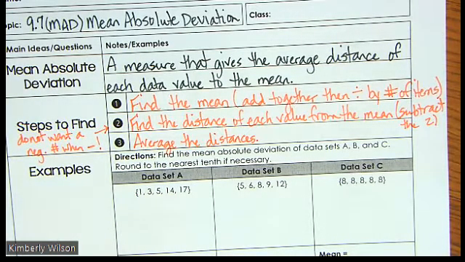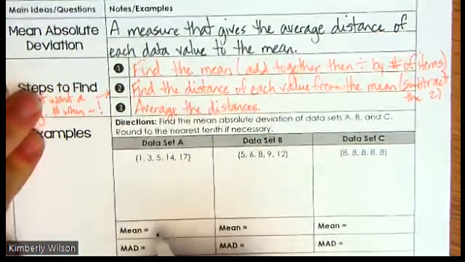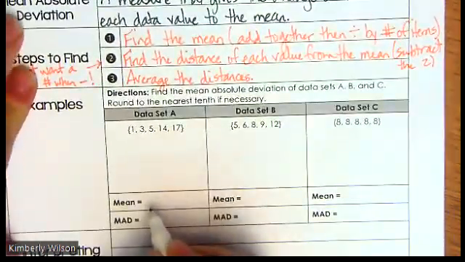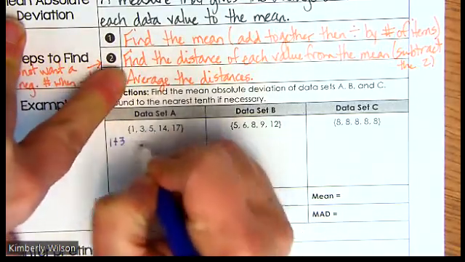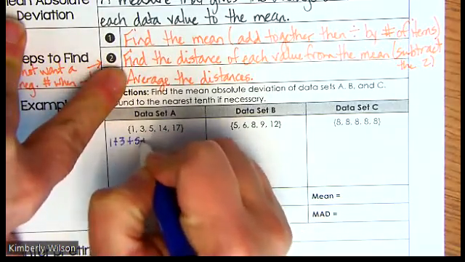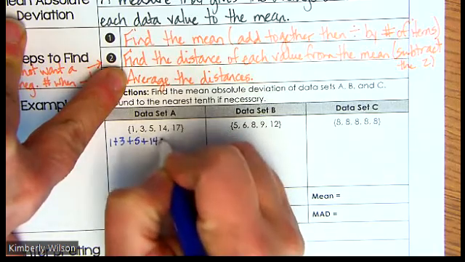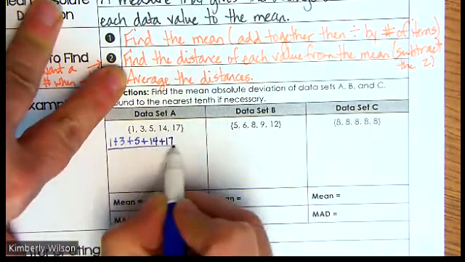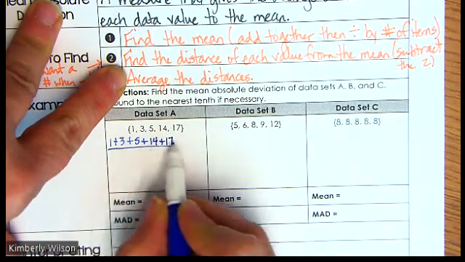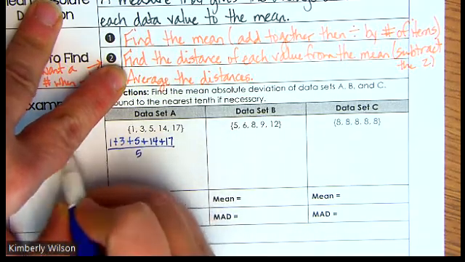Okay, first things first, we have the data set A. So we first have to find the mean. That means I'm going to do 1 plus 3 plus 5 plus 14 plus 17, and then I'm going to divide by how many? 1, 2, 3, 4, 5. So I'm going to divide by 5.